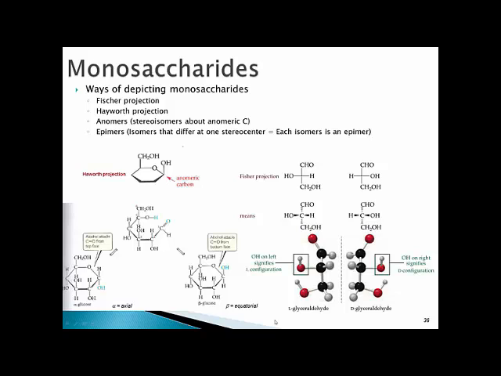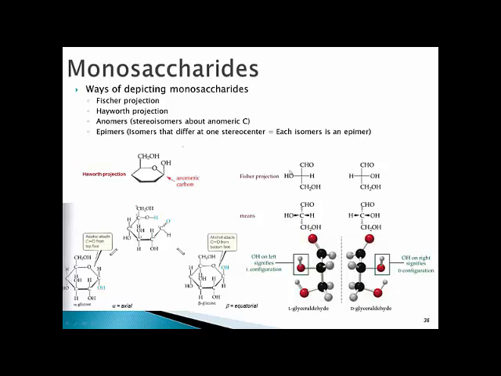Another way of representing it is our D and L. If we draw them in our Fischer projection, we have our aldehyde at the top and our CH2OH at the bottom, and we look at the one carbon that's up and we look at this OH.